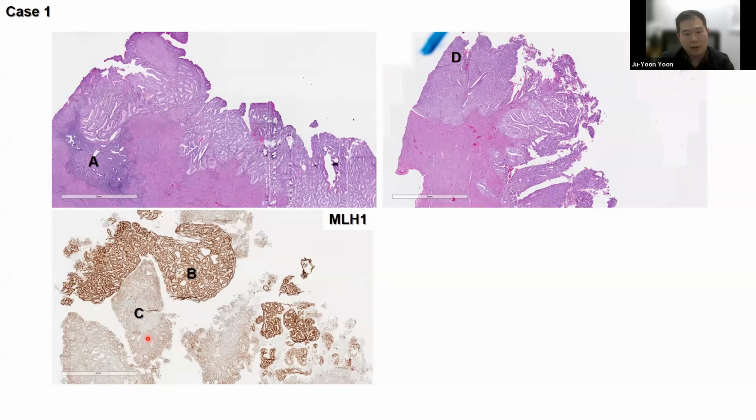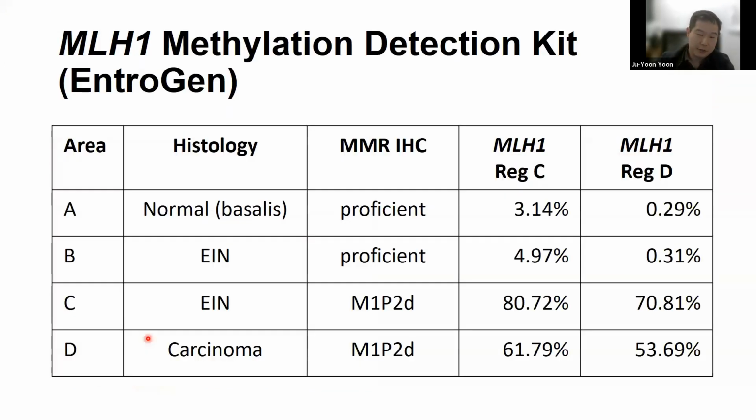I then performed the Entrogen assay, and interestingly, this was what I saw. In area A, where it's normal, the signal is about what the blank limit is. Certainly with non-lesional tissue you can get some signal, but very low.